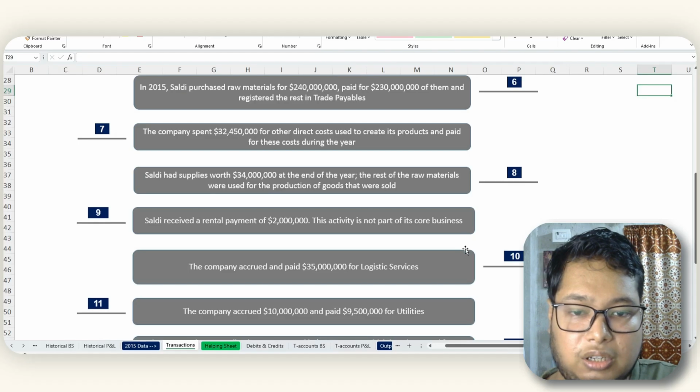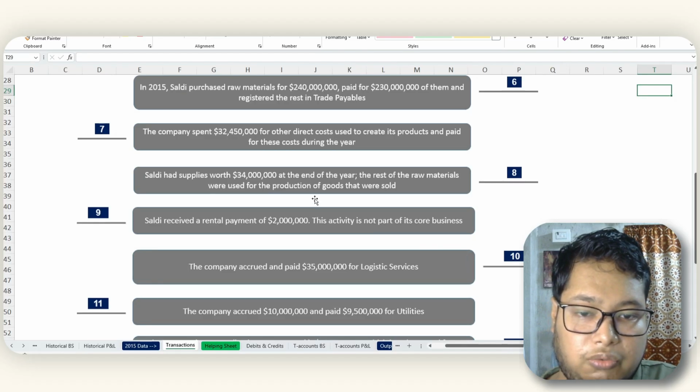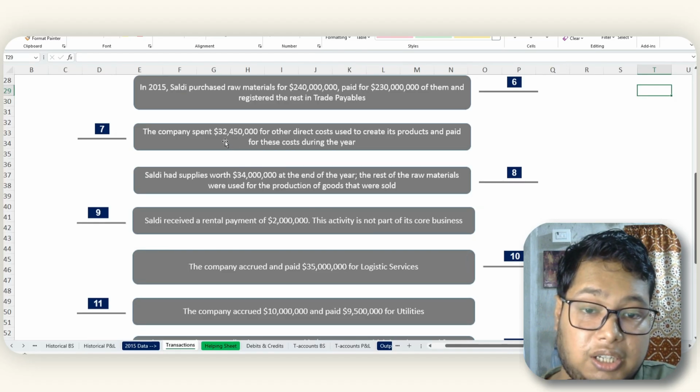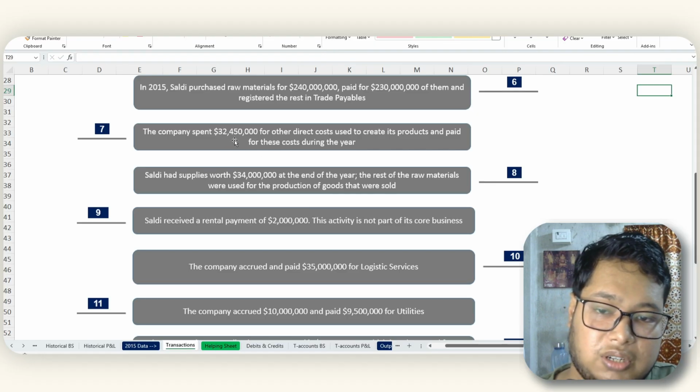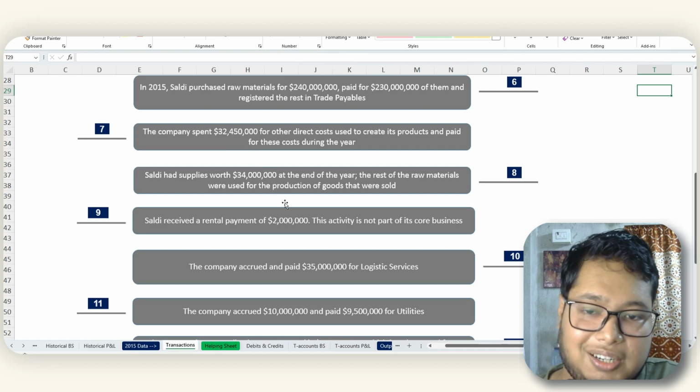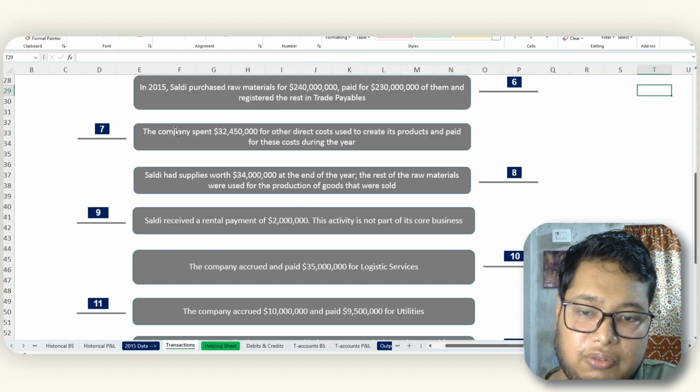The company spent $32,450,000. Okay, 32,450,000. Reading the numbers is a bit difficult. I used to learn to read numbers in Indian style, but yeah, whatever.